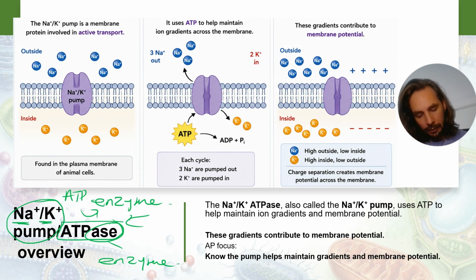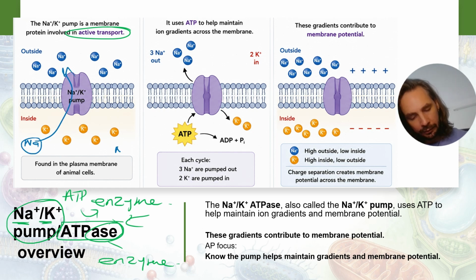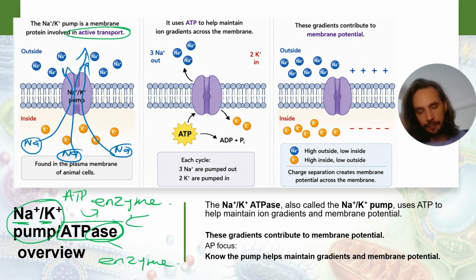Now, if we look at this pump, using active transport, we are constantly, let's use a blue color here, pumping out sodium ions. Every time we pump out sodium ions, the shape changes. So we pump out sodium ions, the shape changes so that potassium ions can now bind to this protein.